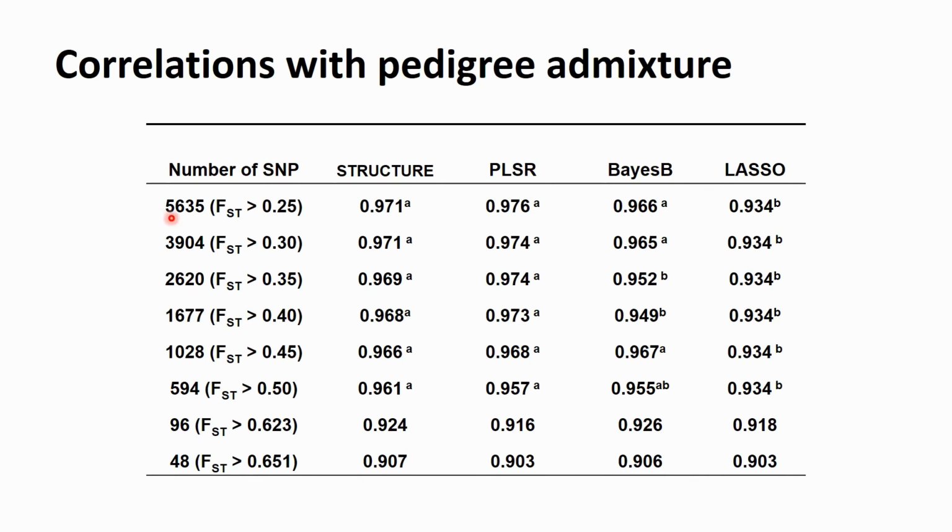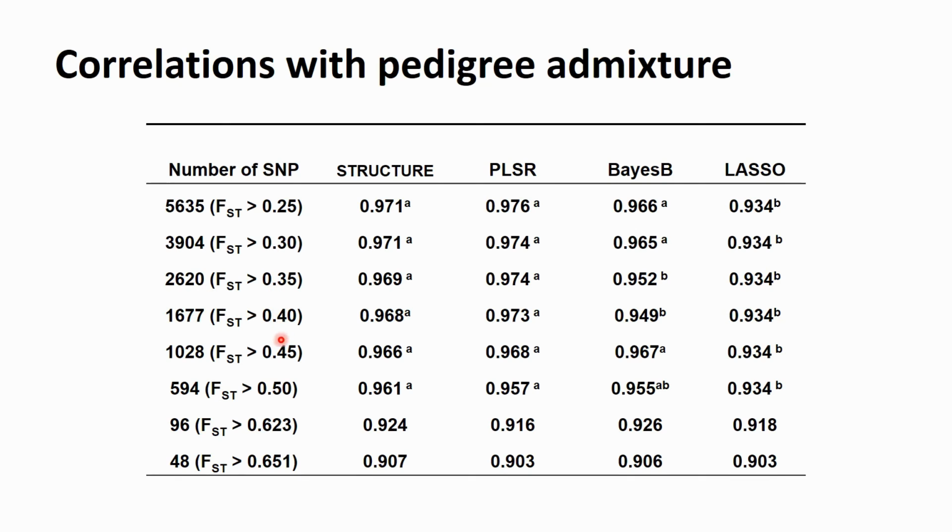And you see that already with 5,000 or 6,000 SNPs out of the 40,000, if these SNPs are selected based on the FST value, we already do a really good job when it comes to correlations to pedigree admixture. And if we decrease these numbers, so basically increasing the FST value, that also decreases the number of SNPs here.